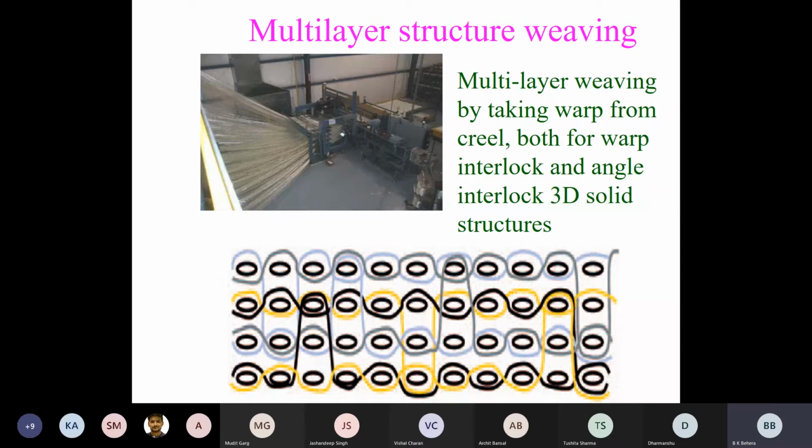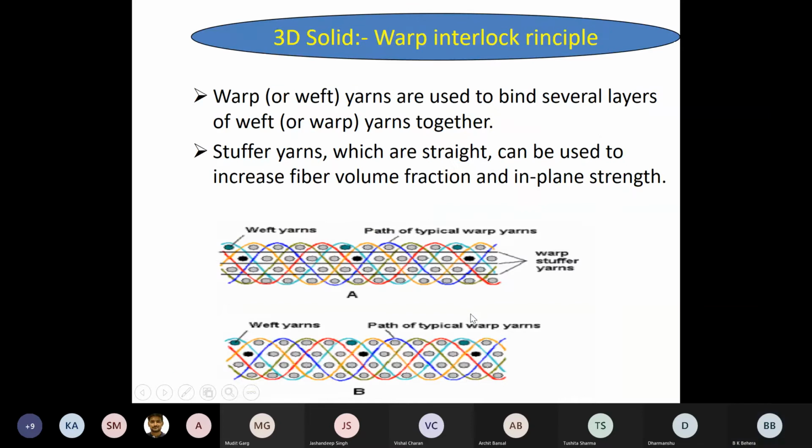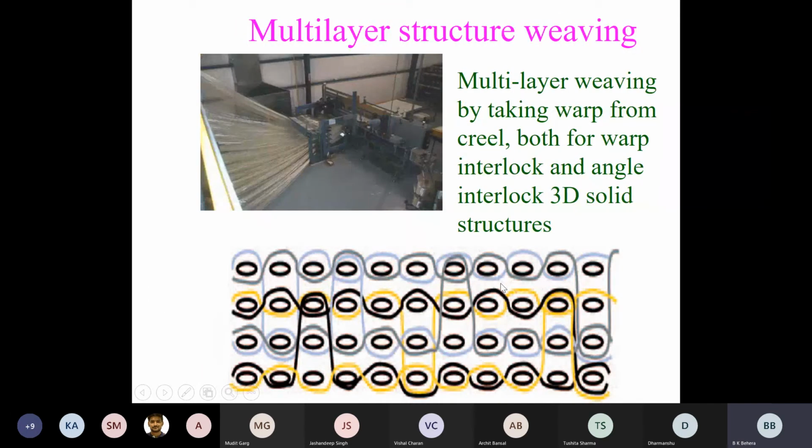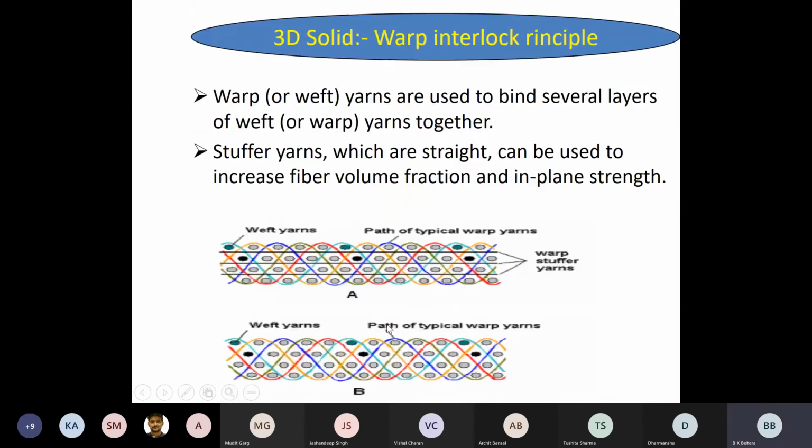Look at what the fundamental difference is between this structure and these structures. I am saying this is warp or weft interlock, and these I am saying angle interlock. The difference is that in warp interlock or weft interlock, the yarns are passing at a certain angle but traversing from one surface to the other surface of the thickness, from top to bottom, again bottom to top.